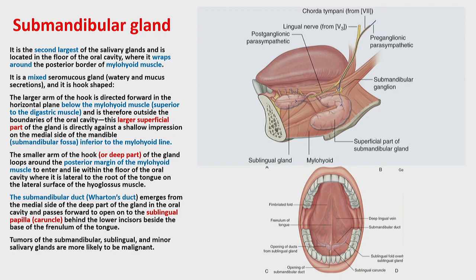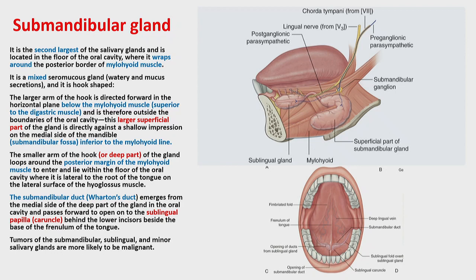So the submandibular gland is the second major salivary gland. Mainly the part of the gland, like a hook shape, is below the mylohyoid muscle. Please pay attention to the relationship of the mylohyoid muscle.